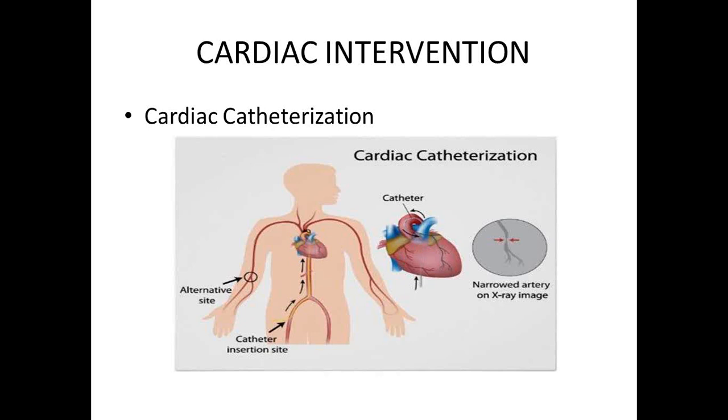Okay. All right. You can also do catheterization through the radial artery. Through the radial artery, we go up the radial artery, we enter the subclavian, and then the subclavian enters the innominate, and from the innominate we enter the aorta, and then we can cannulate the coronary blood vessels.